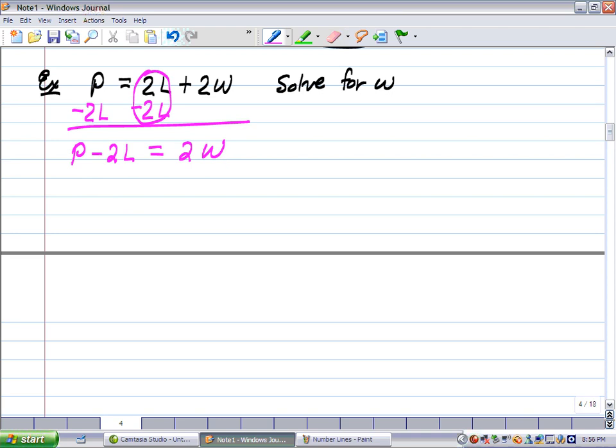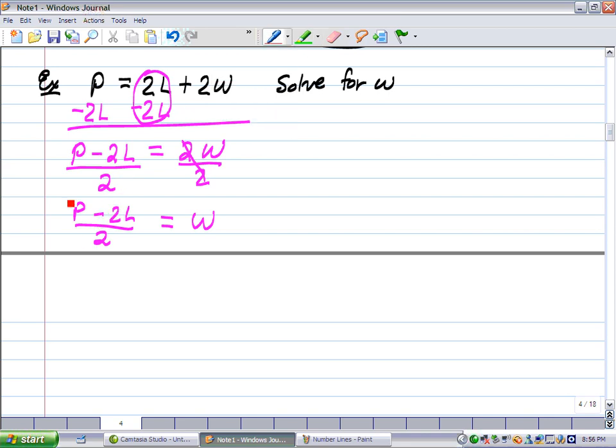Now I want to get W by itself. The 2 is multiplied by the W. So I have to divide both the left and the right by 2. 2 divided by 2 is 1. So that leaves me W on that side, and P minus 2L over 2 on this side. Now can I reduce these 2's?